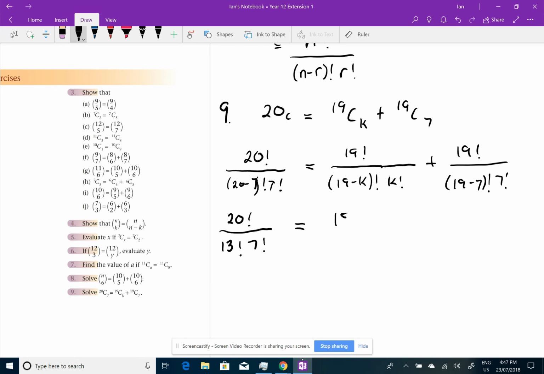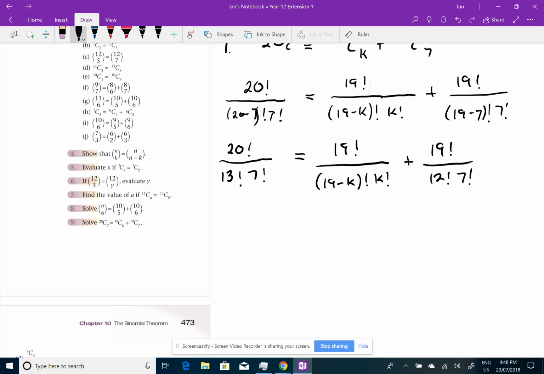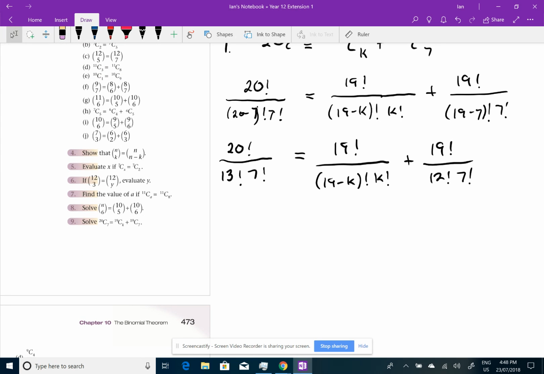Over here, I'm not going to touch this. I'm going to leave that alone, 19 minus k factorial, k factorial. And here I'm going to get 19 factorial over 12 factorial, 7 factorial. Now this is a solve and I've just got to find k, so I'm going to take all of this bit and subtract it.